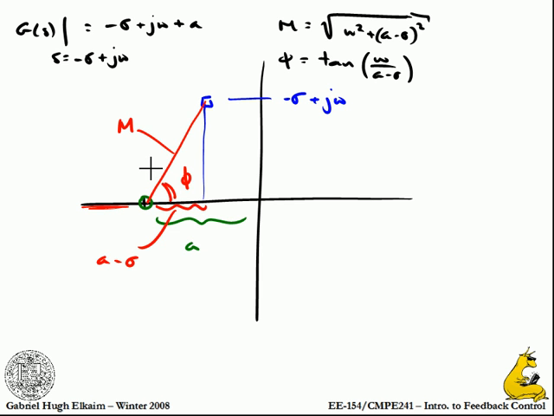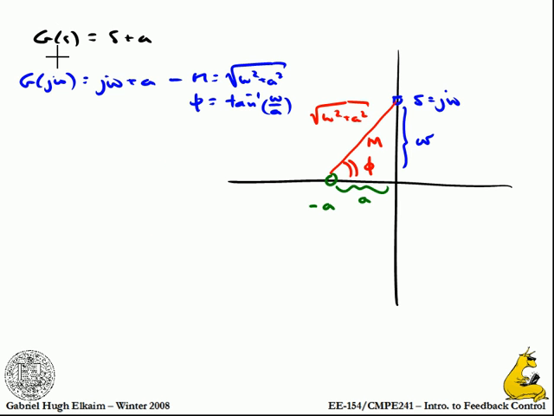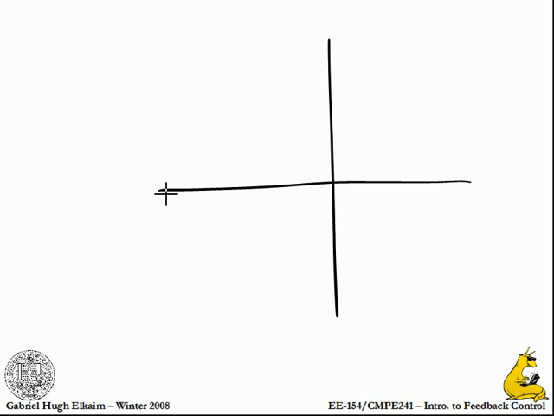Now, you say, okay, great, but I don't ever see a G of S that looks like this. So we're going to piece this together slowly but surely. Now we say, hey, I want a pole here.